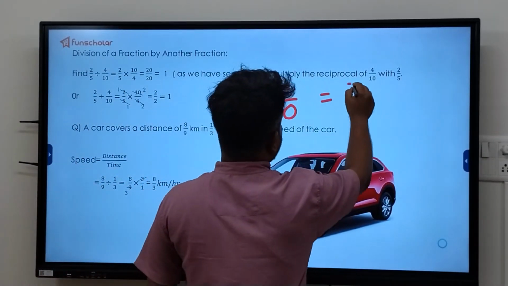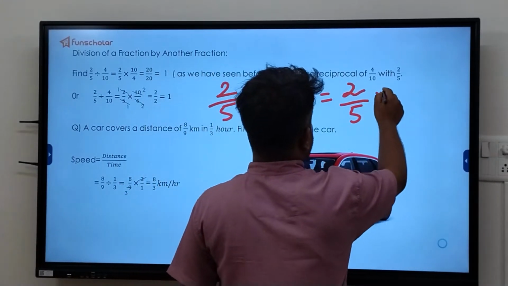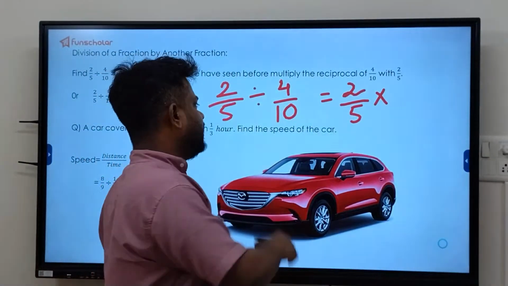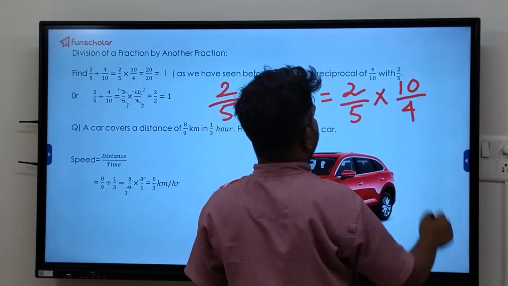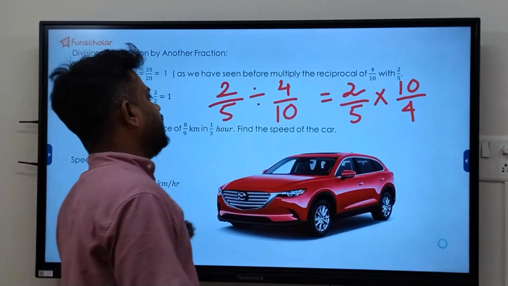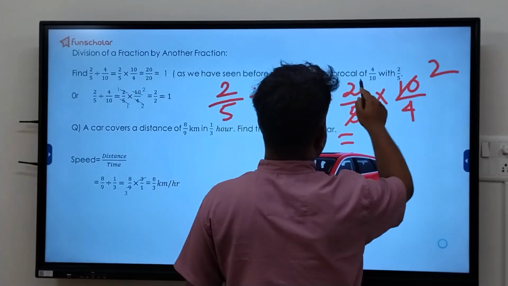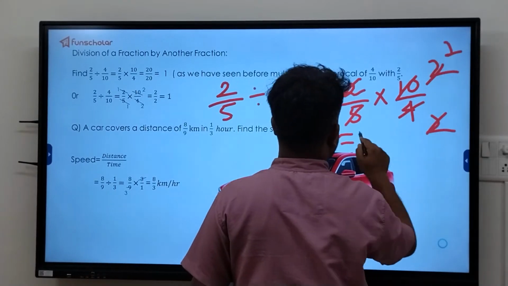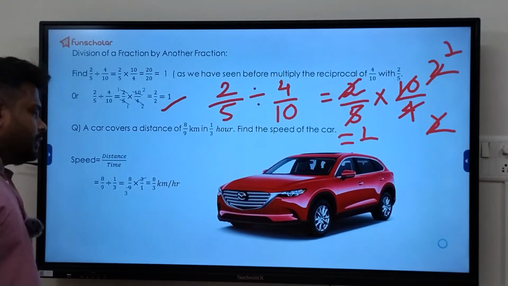The same rule will be applied here also. Write the first one as the dividend, take the multiplication sign, and flip the number to make its reciprocal. Then use cancellation: 5 2s are 10, 2 2s are 4, then again 2 2s cancel to make it 1. So the answer is 1 here.